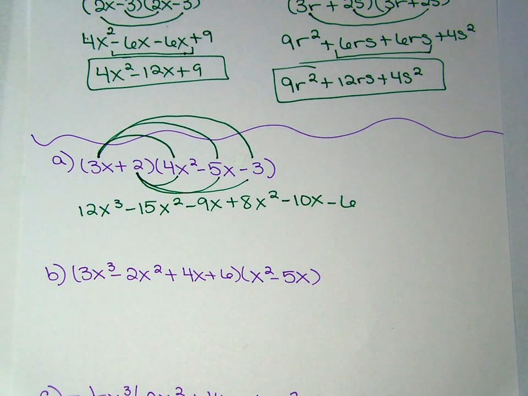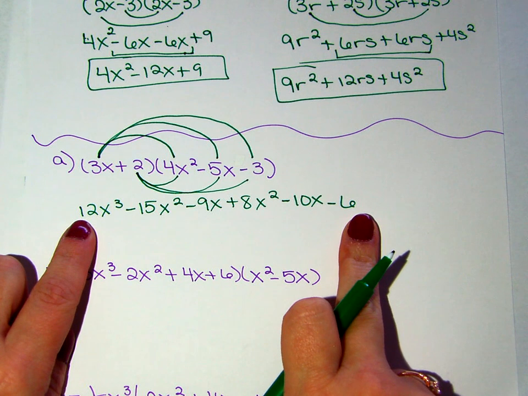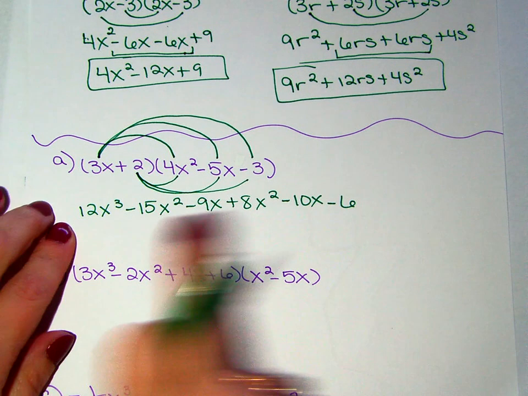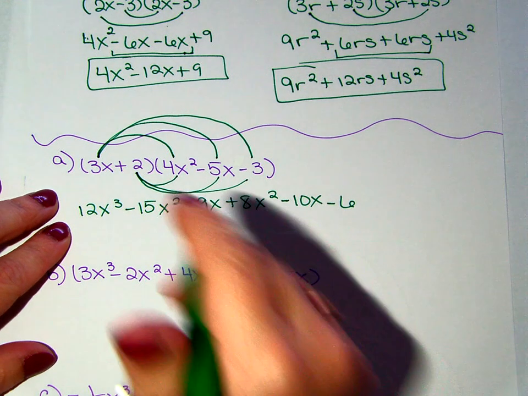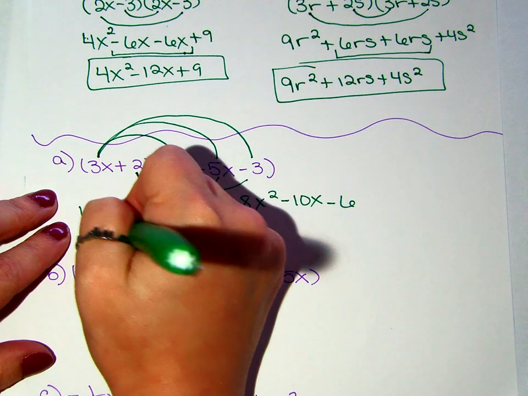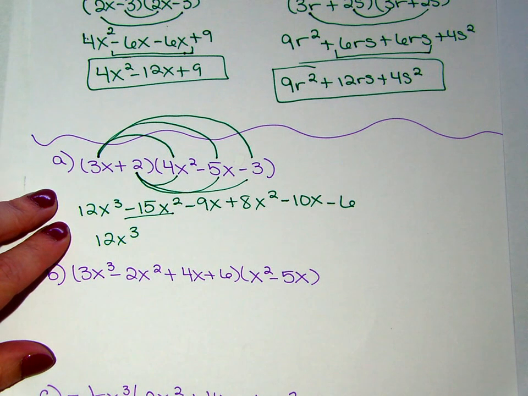So now I'm just going to go through all of my terms and see if I can combine any. See if I have any like terms. I have a 12x to the third. There's no other x to the thirds, so I'm done with that one. I have a negative 15x squared, and I have a positive 8x squared.